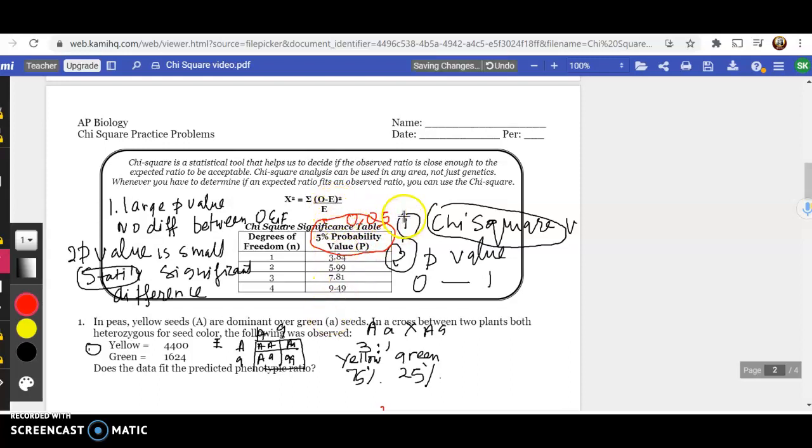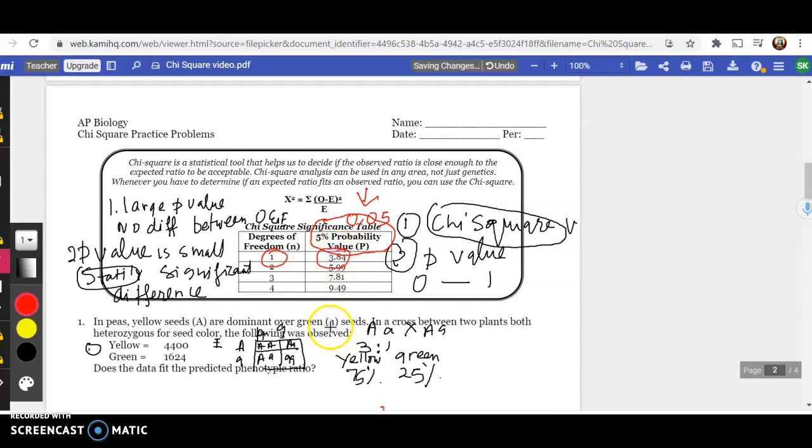So look for this column. If there are many columns in there, just look for the column for the probability value of 0.05. So in this class or biology, or even for your IA, you're looking for 0.05 probability, that is p-value. Now you have to look for the degree of freedom. So we calculated a degree of freedom that is 1, and look for what is the probability value for that degree of freedom, that is 3.84.